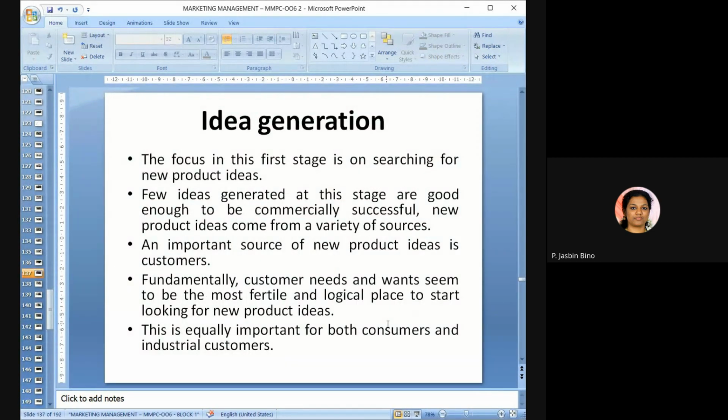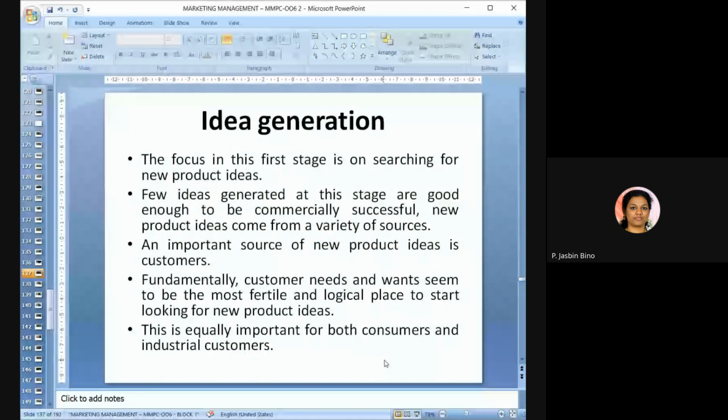First one is idea generation. This normally focuses on searching for new product ideas. Normally the market research will be gaining from the feedback of the customers, from the feedback of the retailers, from dealers or intermediaries in the market who have direct contact with the customers, from the reviews and feedback of intermediaries, customers, and so on.